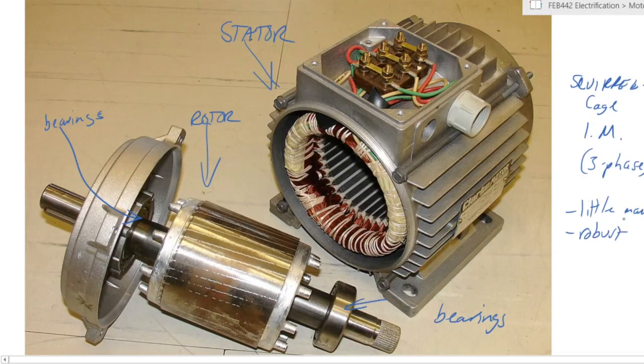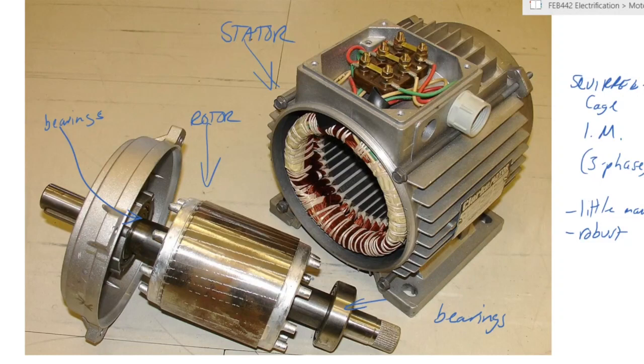Little maintenance in that the only thing that can fail generally mechanically is the bearings, and that's the only thing that you need to look at. And it is robust in that because this is a fairly simple design, it will be rugged and there'll be very little wear and tear, so you'll have a long lifespan. So that explains the widespread use of these motors.